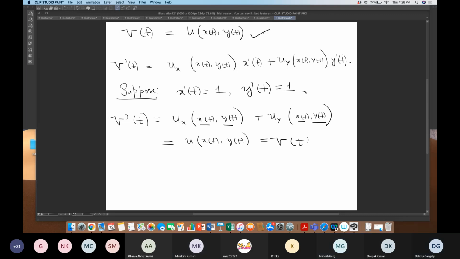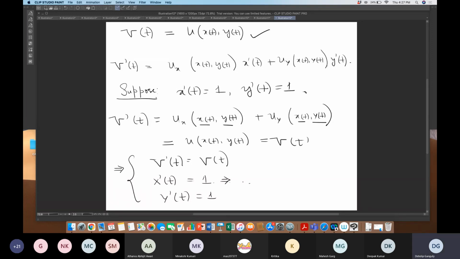So we have three equations now: v prime t equal to v(t), x prime t equal to 1, y prime t equal to 1. We have a system of three equations. So what will you get from this?